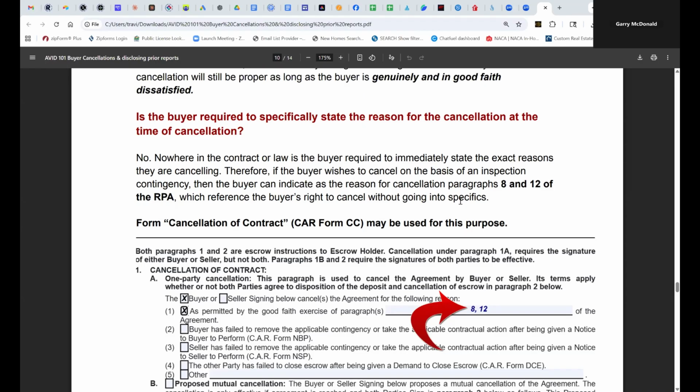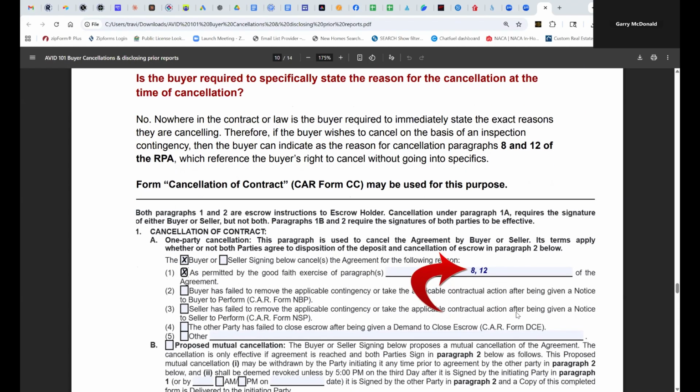And that's where our agent got into a predicament, because right here in 1A1, they put change of circumstances, and that is not a provision in the RPA for the buyer to use to cancel out.